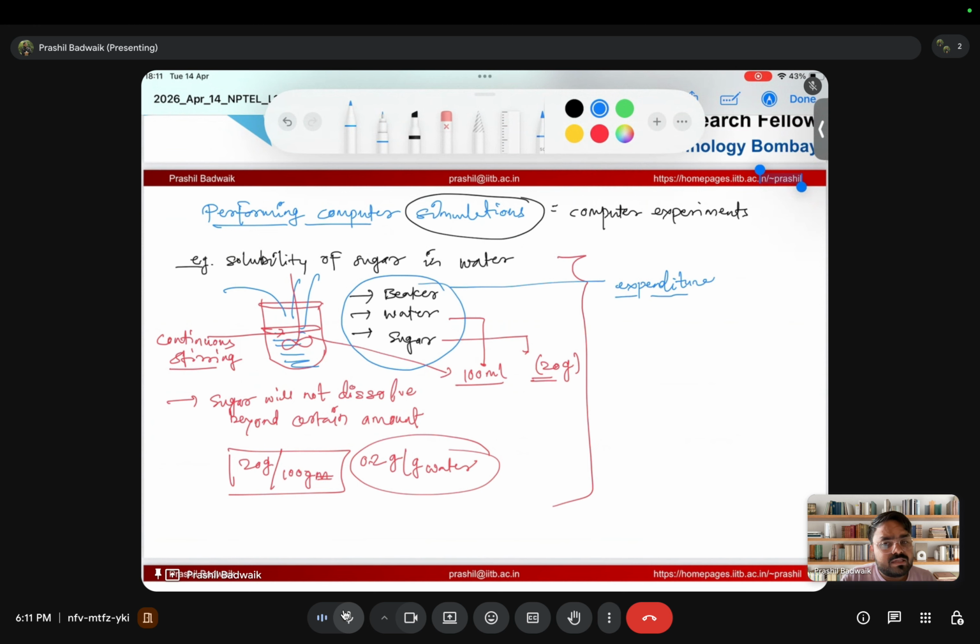If you want to analyze in more detail how the sugar molecules are distributed, what do you need?